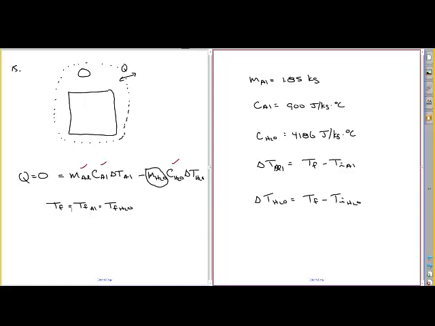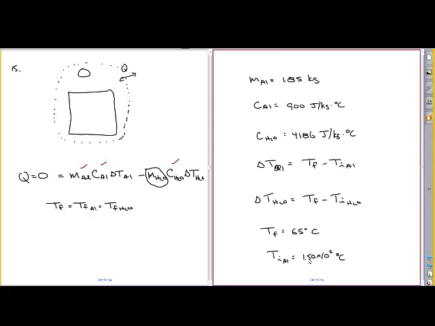Let's see if we can find all those things. T final: the problem says to lower the temperature of the aluminum to 65 degrees. If you lower the temperature of the aluminum, the water has to increase to 65, because that's where things come to equilibrium. T initial of the aluminum is 1.5 times 10 to the 2 degrees C.